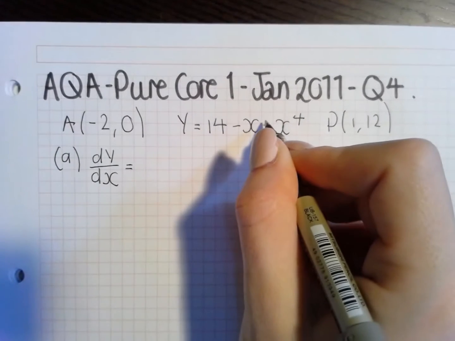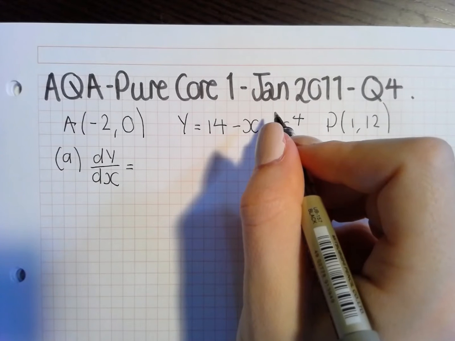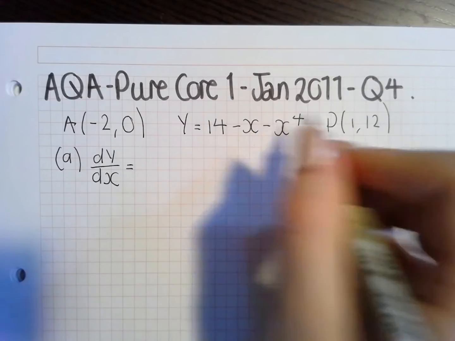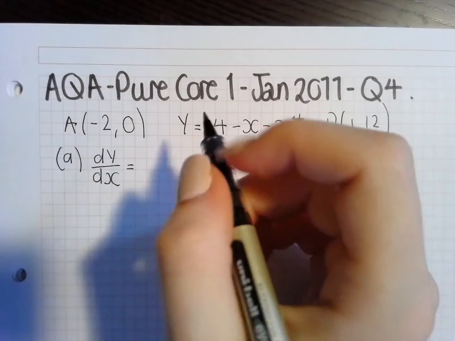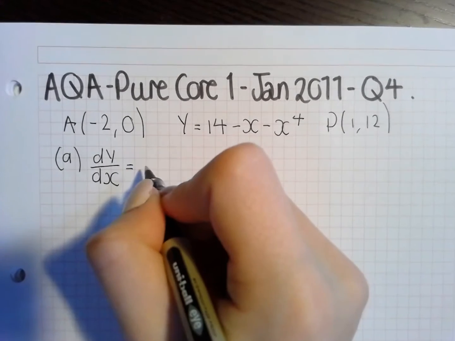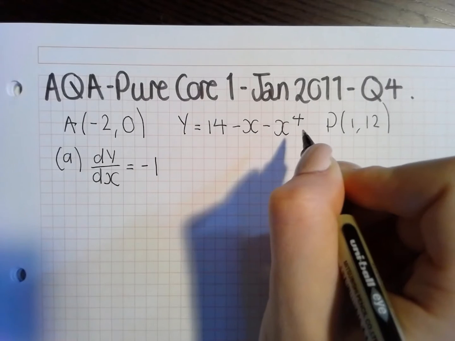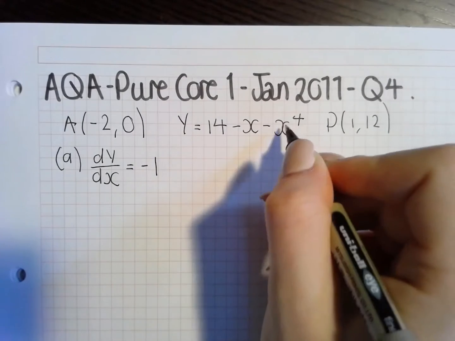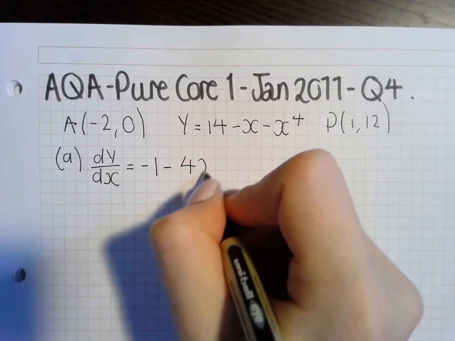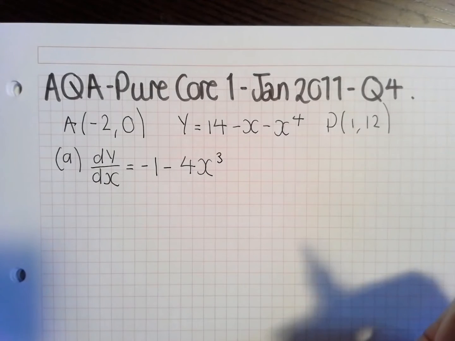Minus x: the power of x is 1, so we times by the power, which is 1, and then remove 1 from the power, so we get minus 1. And then minus x to the power of 4: we times by the power, which is 4, giving minus 4, and then take 1 away from the power, which leaves us with 3.